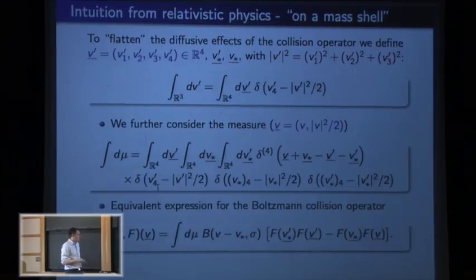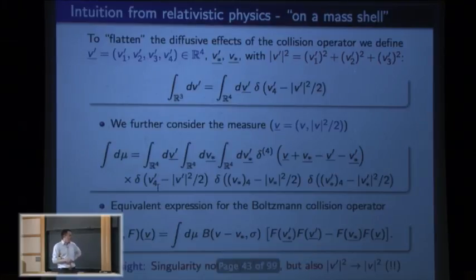And then you can re-express the Boltzmann equation in this way. This is something that's done a lot in relativity. Now it's hard to find this done in non-relativistic Newtonian mechanics, but you can do it. And when you look at the Boltzmann equation in this way, the angular singularity in the collision kernel occurs not only in V prime going to V, but also in V prime squared going to V squared.